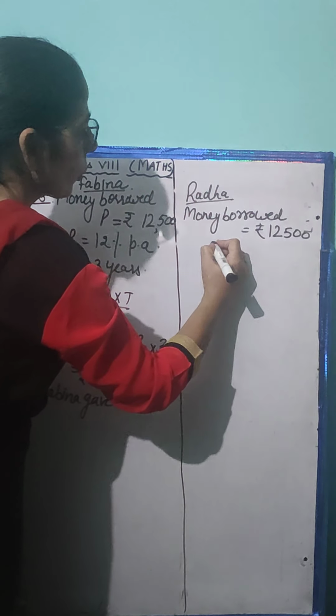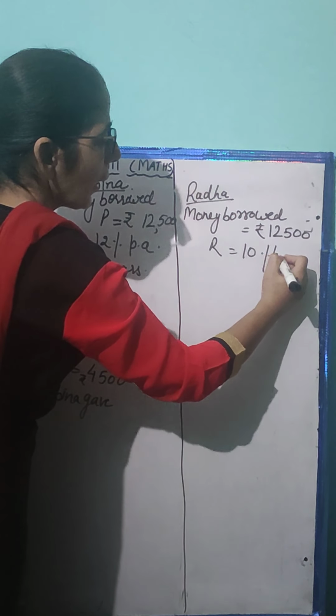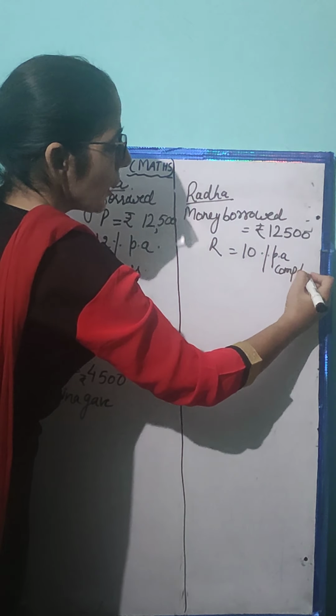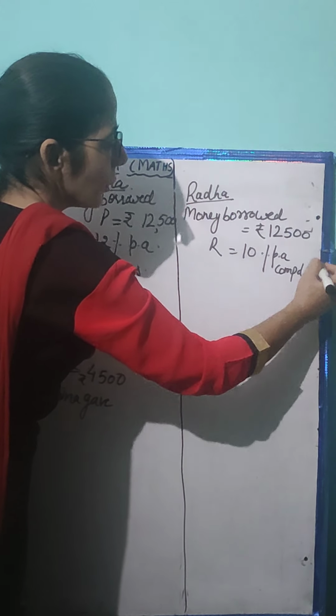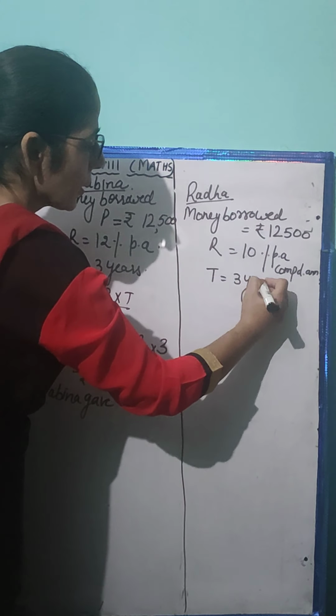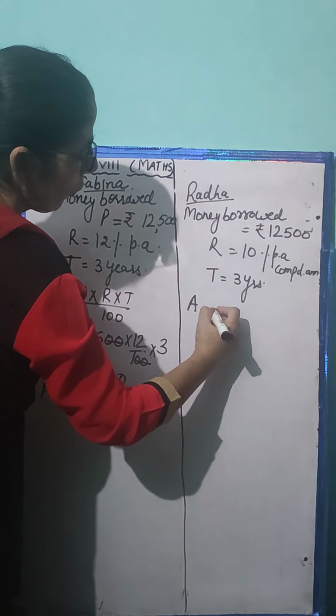She has borrowed it at the rate of 10% per annum compounded annually. So she has taken compound interest and time is again 3 years. So let us find the amount for her.